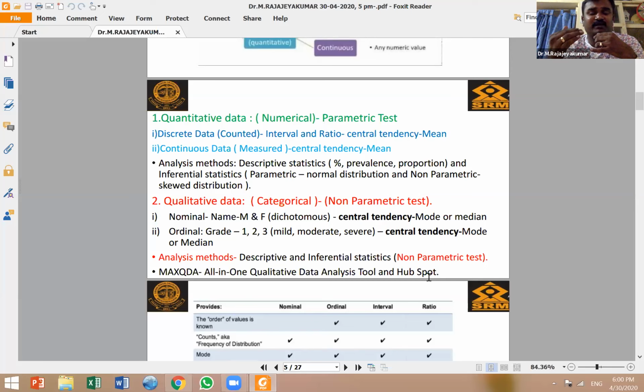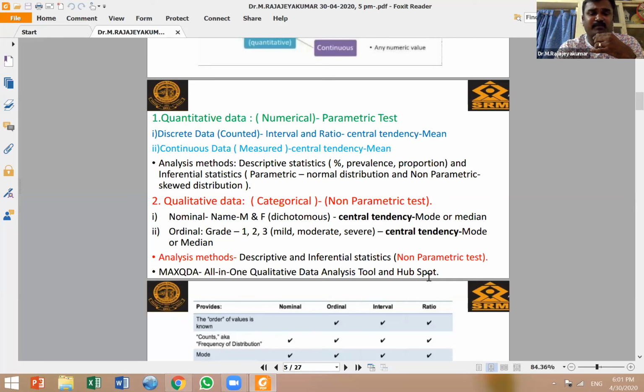Sometimes if the data does not follow a normal distribution, you can use a non-parametric test. Then qualitative data, or categorical data, is where you can use a non-parametric test. What are the examples of qualitative data? Nominal and ordinal. For nominal, you can see names, like male, female, or married or unmarried.